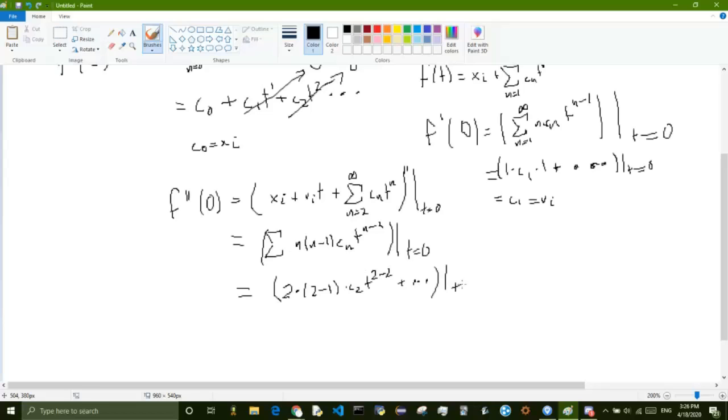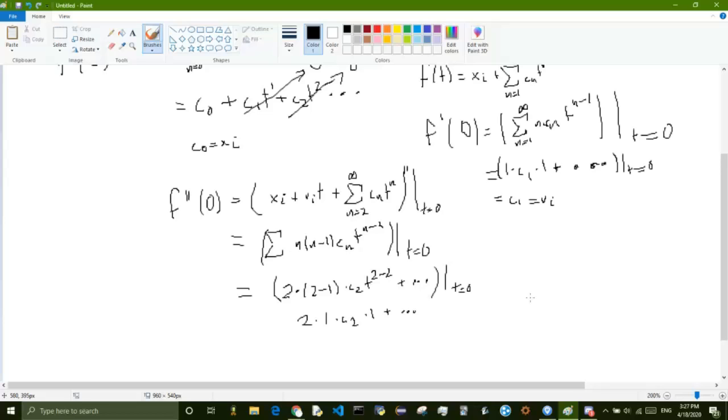So this again becomes 2 times 1 times c2, t to the 0 is 1. So this is 2 times c2 plus stuff with t dependence, which now we're plugging in t equals 0. These are all polynomials with t in them, so some junk times 0, some junk times 0 squared, and so on. So all the rest of the stuff goes to 0, and we get f double prime at 0 equals 2 times c2.